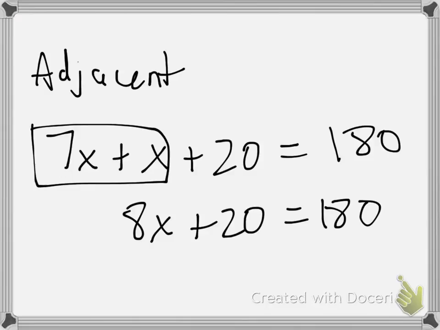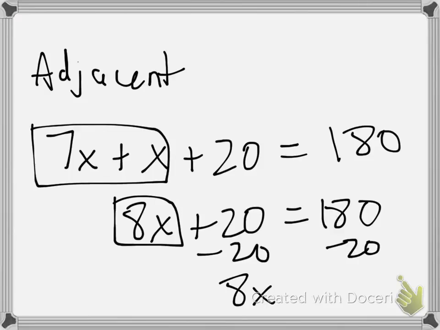And then, again, I'm trying to get this by itself. So positive 20 is in the way. So if you subtract 20 from both sides, 8x equals 160. And I'm going to write that on the next page just so I have enough room. 8x equals 160.